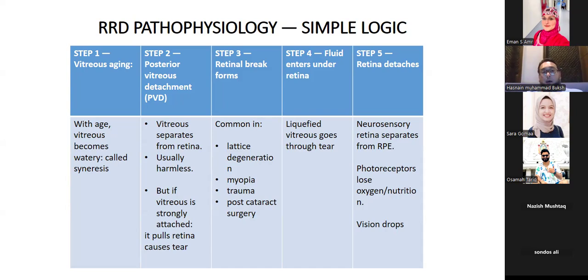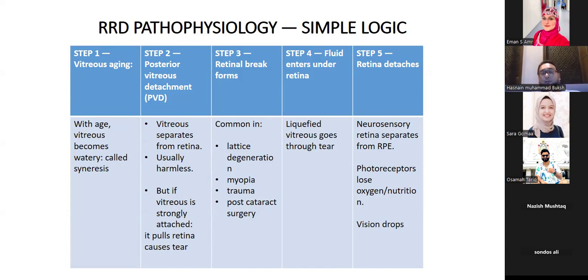So you can take a screenshot of this particular slide, which is very helpful. Here I have elaborated a few steps. First one is the vitreous. If we talk about the normal aging process, what happens with age is that the vitreous becomes fluid-like, which is called syneresis of the vitreous.